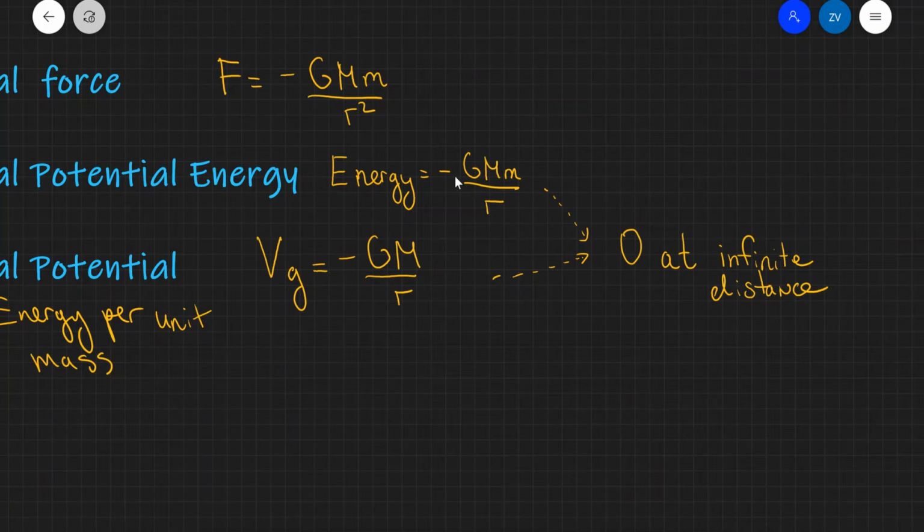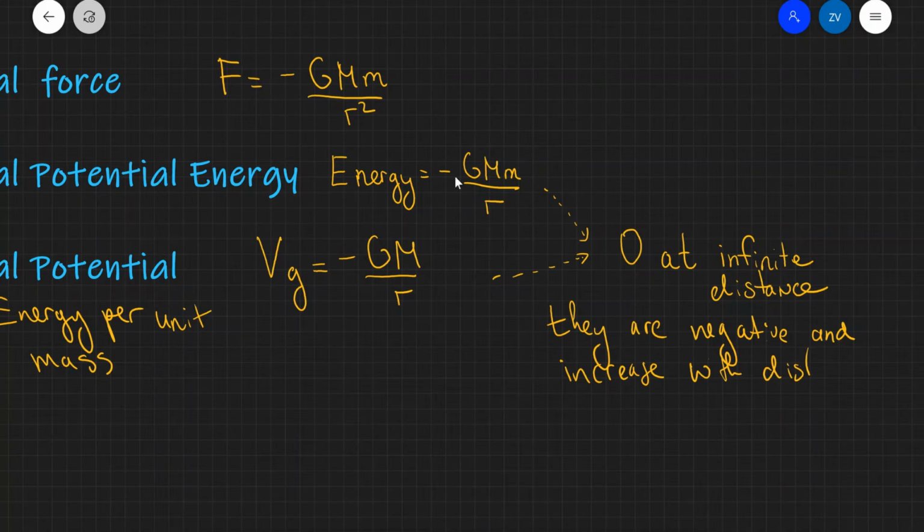So we should even write this down: both the gravitational potential energy and the gravitational potential are negative and increase with distance.